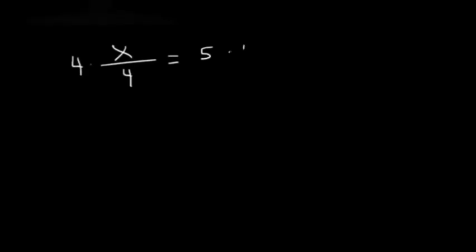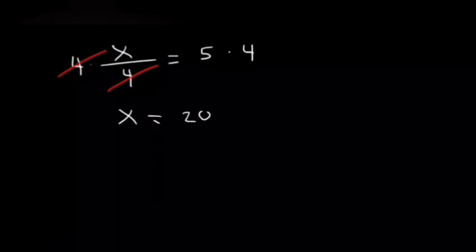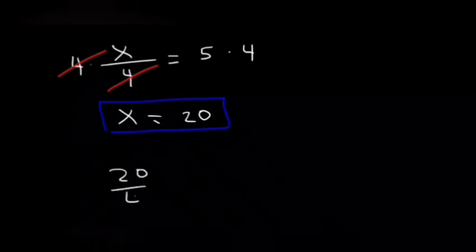So 4 times x over 4 equal to 4 times 5. 4 cancels 4. Our x will be equal to 20. As you can see, 5 times 4 is 20. Now to verify this, 20 over 4 is equal to 5.